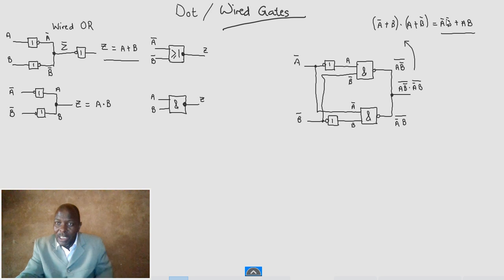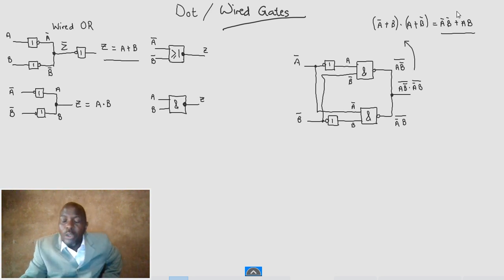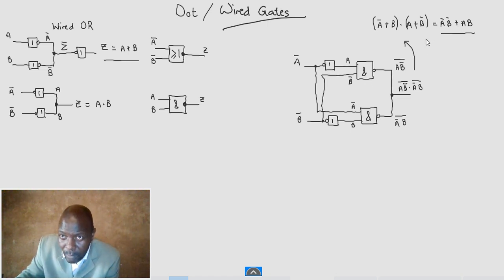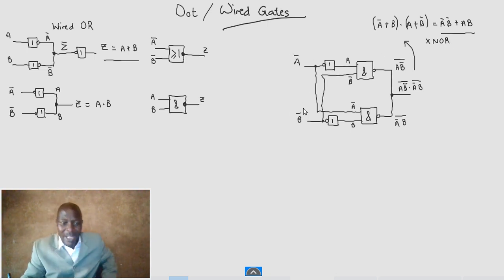Okay, as you can see, this is the exclusive NOR gate. Sorry, I mean to say the exclusive NOR gate. Inequality comparator, equality comparator, this is an equality comparator. So this is our exclusive NOR using inputs inverted, using a wired OR.